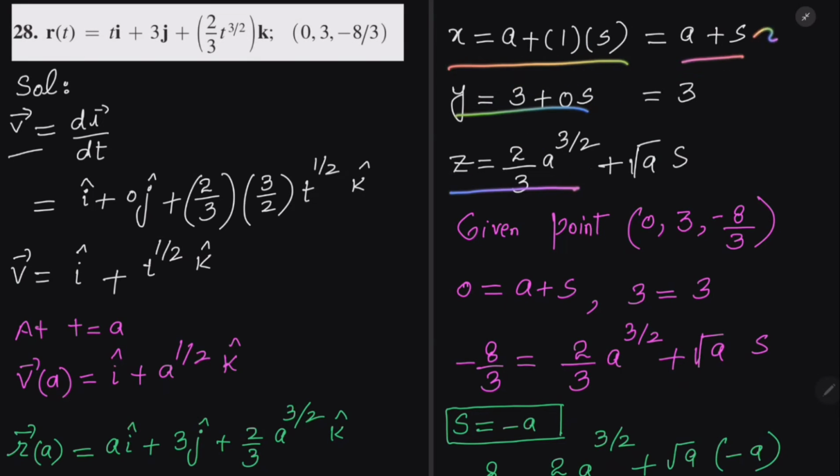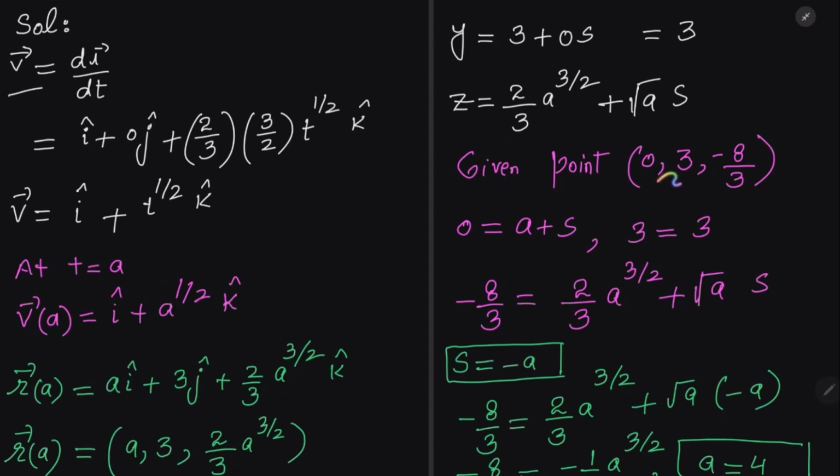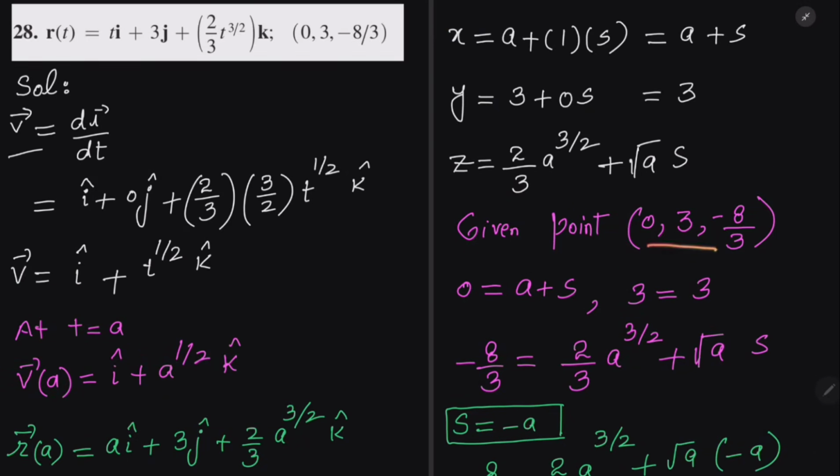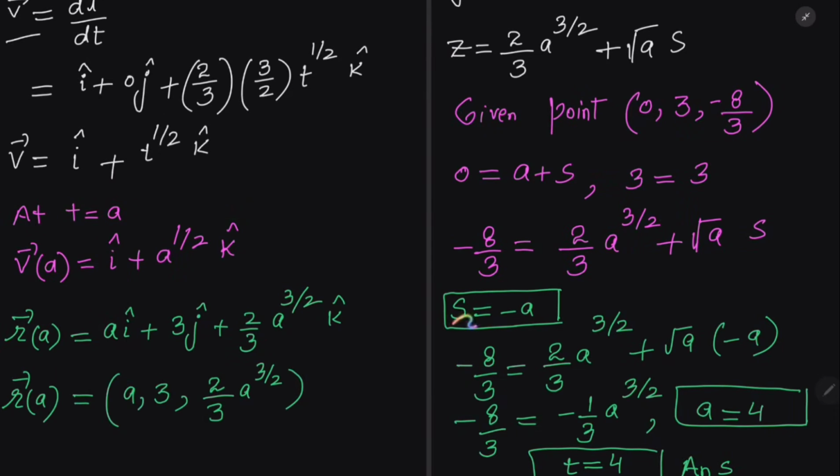From this parametric form, try to eliminate s from these three equations, putting the given point over here, x, y, and z. After putting that, we get s is equal to minus a from here, and then put that value of s over here, and after simplifying, a we get is 4 and t is equal to 4.